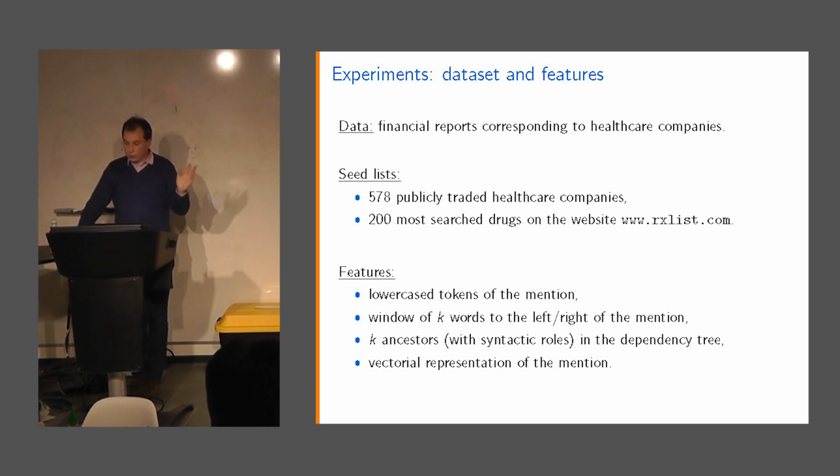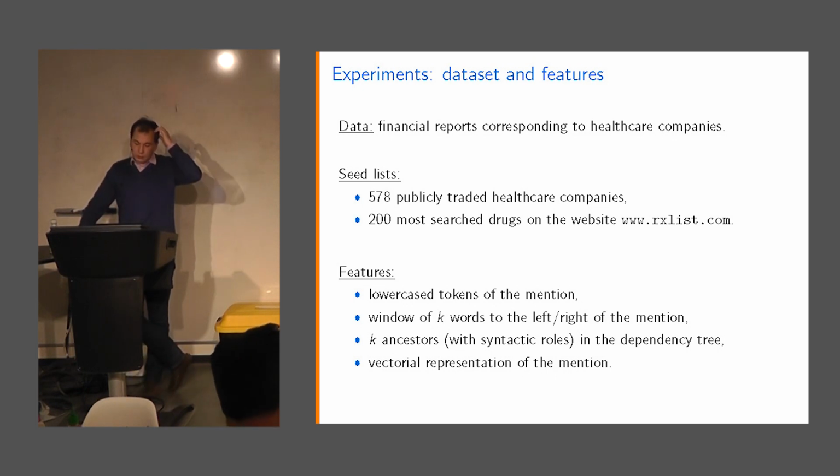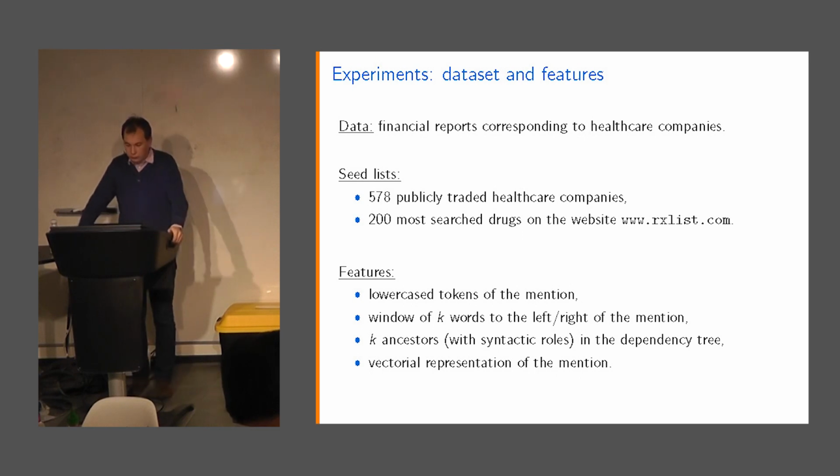So this is pretty much work in progress. The data set considered for this problem is a bit of a toy data set. The goal is to extract names of companies and names of drugs from financial reports corresponding to a healthcare company. As the seed list, we've considered the names of publicly traded companies, and the 200 most searched drugs on a website listing all the drugs that are sold in the US.